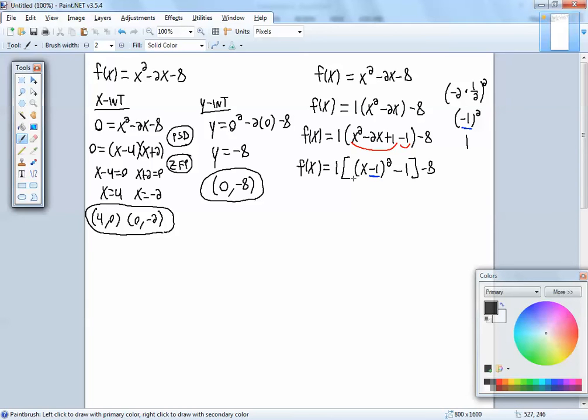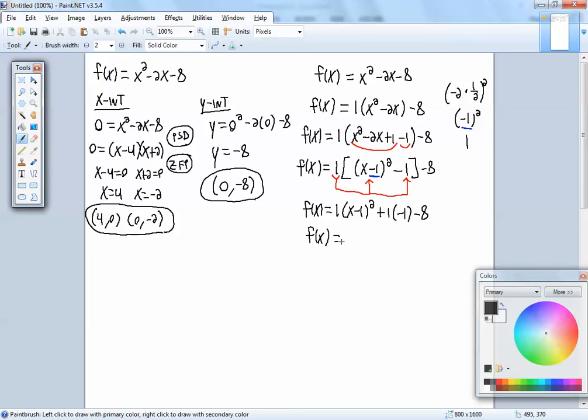Okay. Then our next step is to multiply the number that's in front times our first grouping, those first three terms we factored, and times the number at the end. So we're going to have f of x is equal to 1 times x minus 1 squared, and we'll have 1 times negative 1 minus 8.